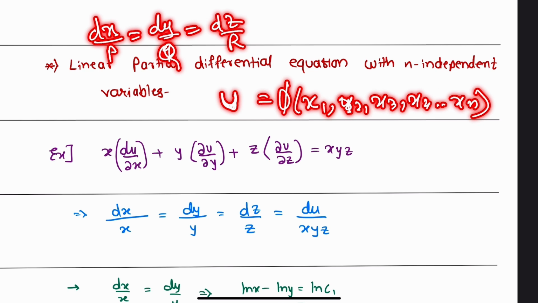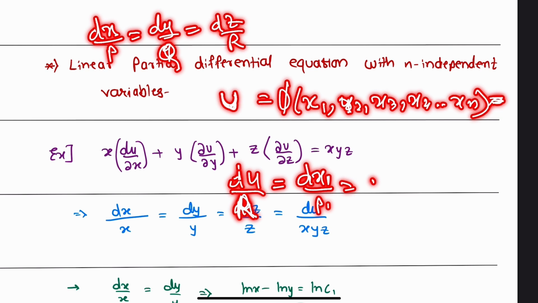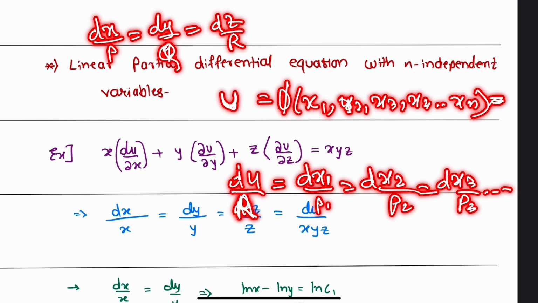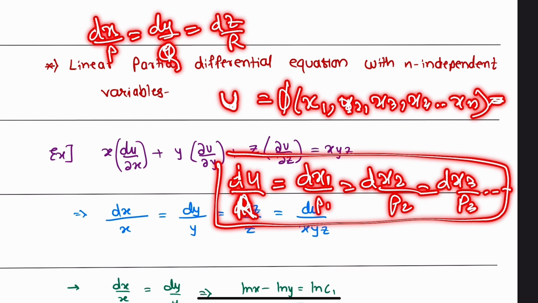Similarly, now what we will write is du by, let us say, r equals dx1 by p1 equals dx2 by p2 equals dx3 by p3 and so on. I know it is a little difficult to understand when I'm writing in this way. We will understand it better through an example.